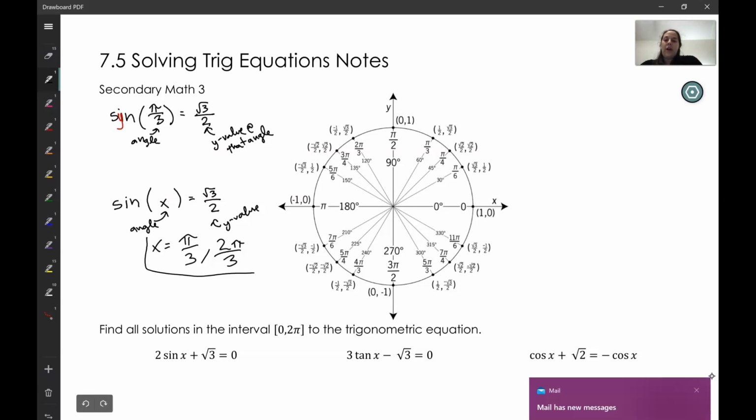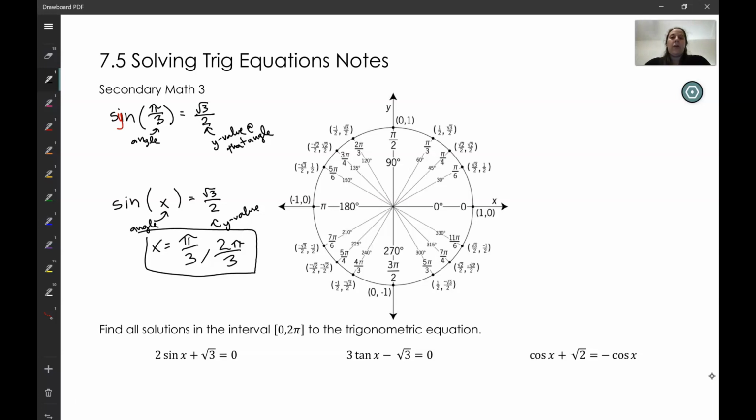So this right here is both of our answers. Now, a lot of these problems will have 2 answers, but that's not always the case. Sometimes they have 1 answer, sometimes they have 4 answers. It can vary. Let me show you an example of one that has 1 answer.